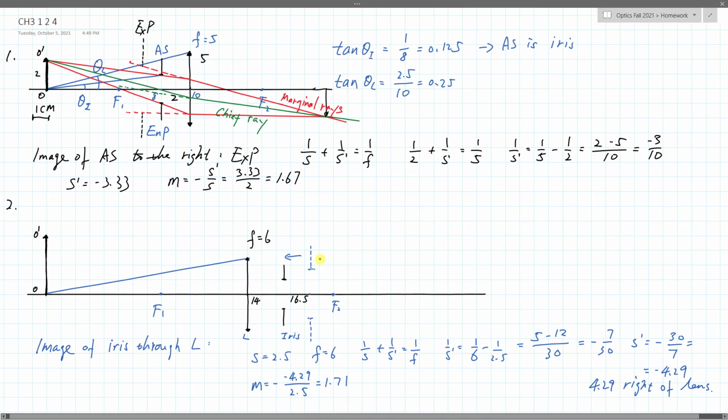Now we can calculate which element, this element here or that element here, has the smaller angle, and apparently it is still the iris. We can see that with a ruler. We'll just calculate that angle.